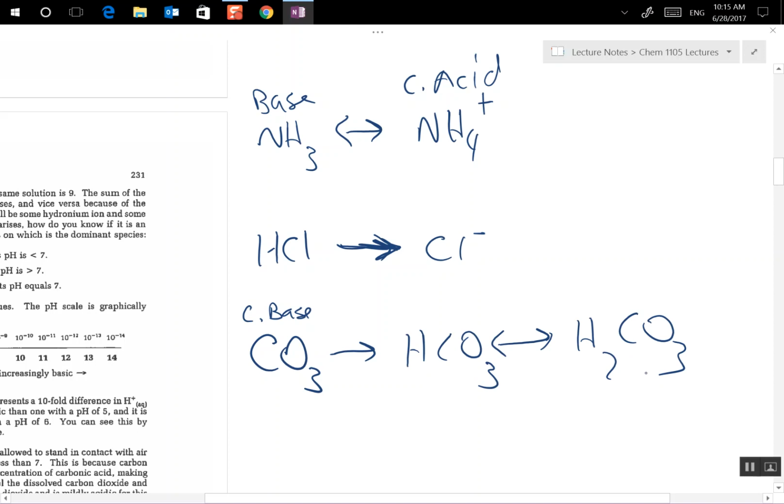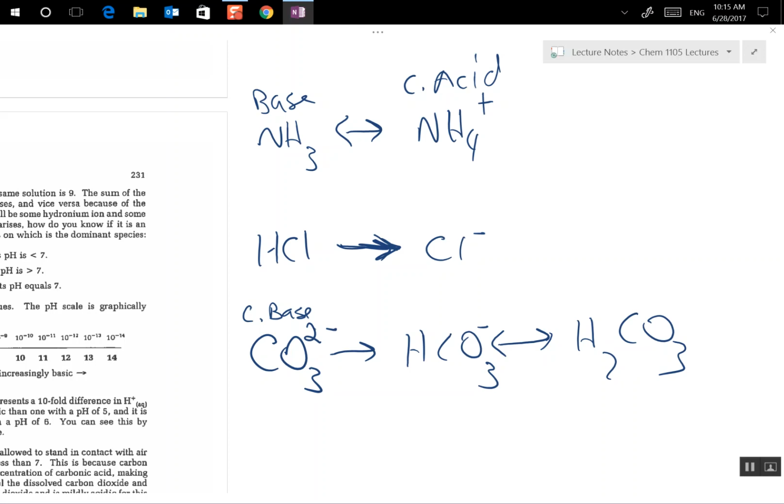So, what is the conjugate acid of HCO3 bicarbonate? H2CO3 is the acid of it. What is the conjugate base of H2CO3? HCO3 is the conjugate base. What is the conjugate base of HCO3? Oh, this is CO3 minus, by the way. Sorry, this is 2 minus. Forgot my charges. Okay. What is the conjugate base of HCO3 minus? CO3 2 minus.